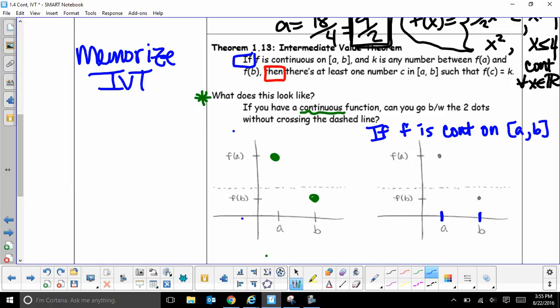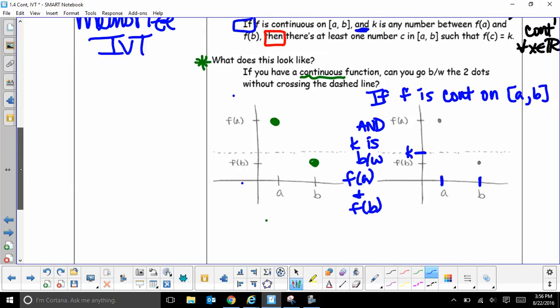Then we have another piece. If f is continuous here and, so second piece, k is any number between f of A and f of B, I'm going to call this value k. So if f is continuous and k is between f of A and f of B, so you would write that out.